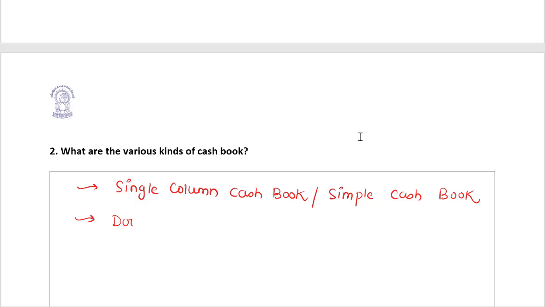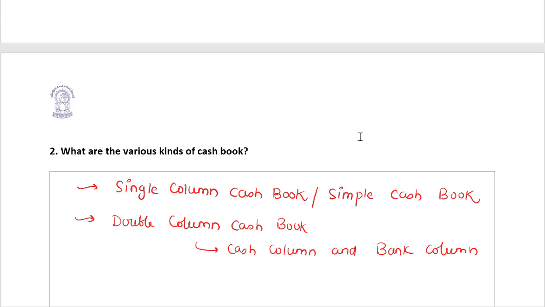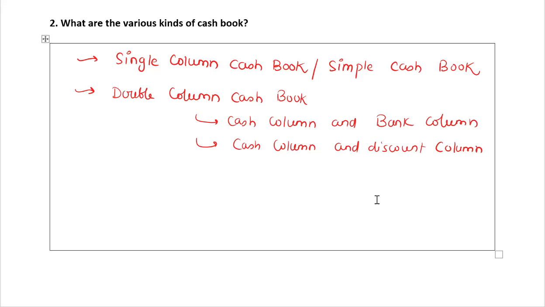We have double column cash book with cash column and bank column, and with cash column and discount column. At last you can write triple column cash book.